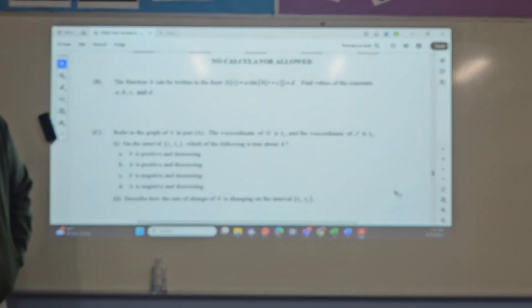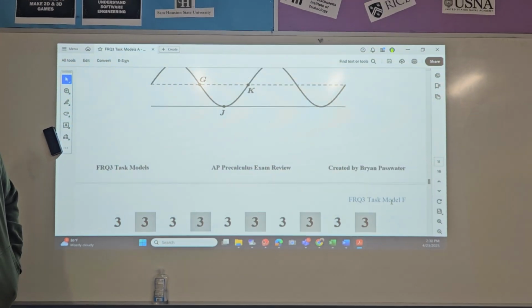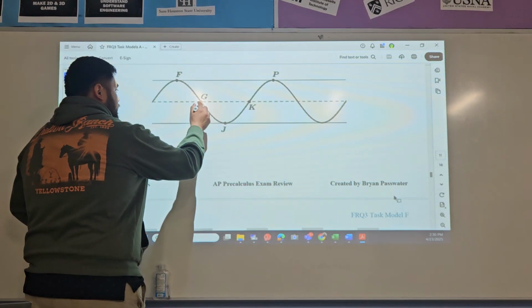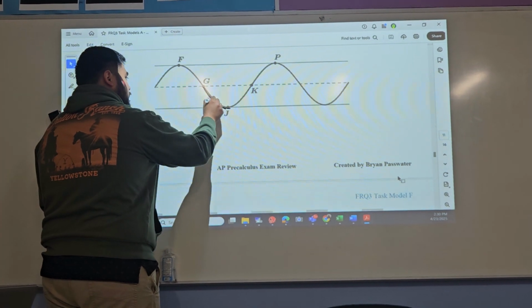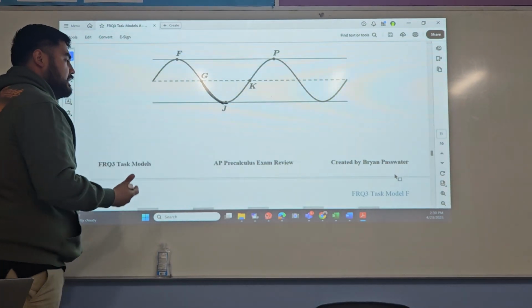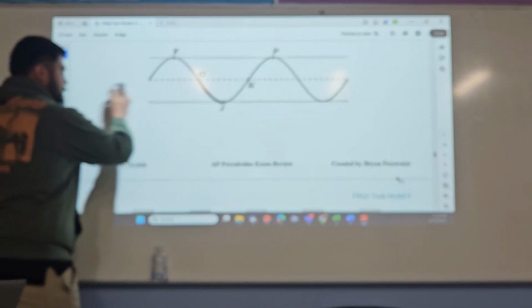So let's go to the graph. G and J is right here. In this example, our rate of change is going to be increasing because this is concave up, right?